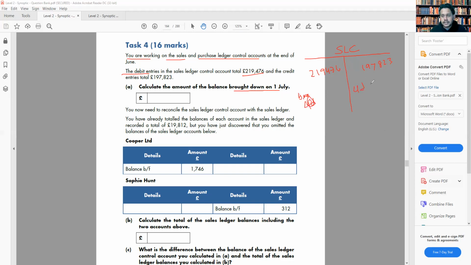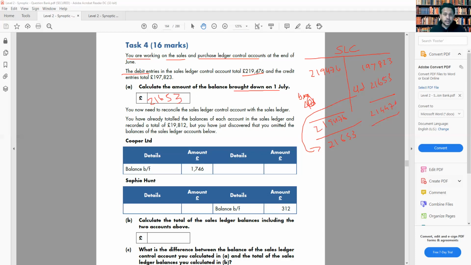Balance c/d, that is 21,653, and that will give me the same total, 219,476. And this balance c/d will come as a balance b/d here, the same amount, 21,653. So that's very simple.